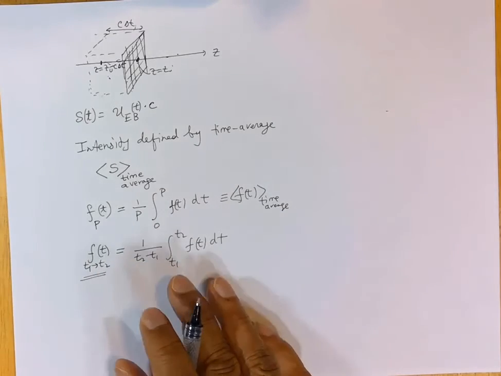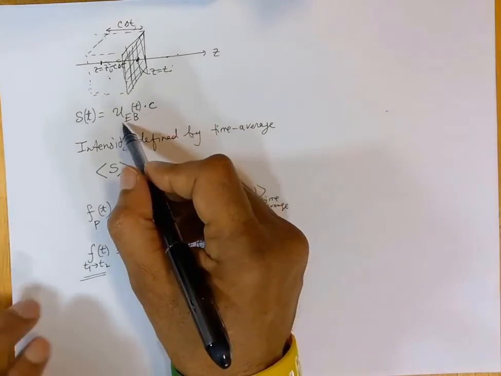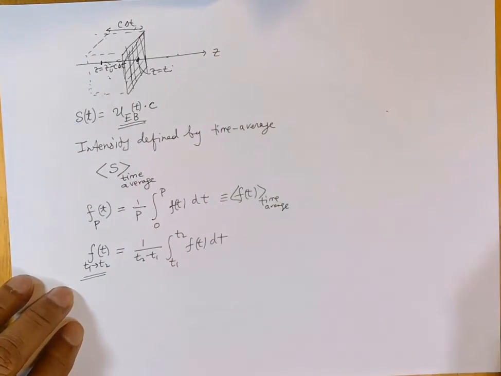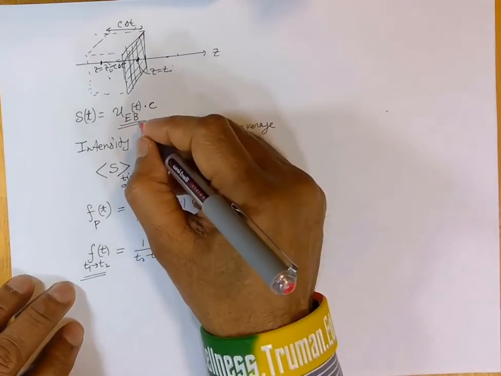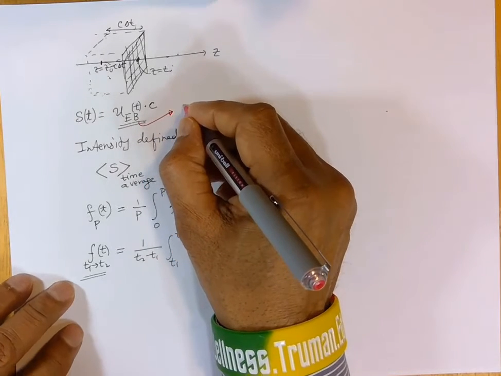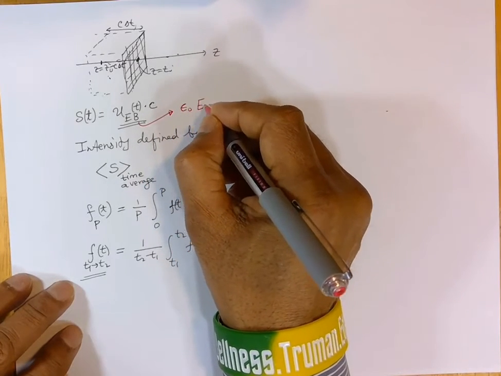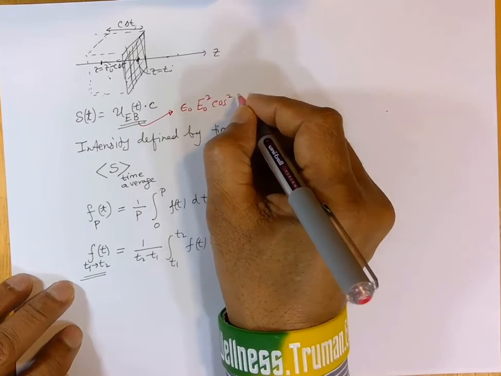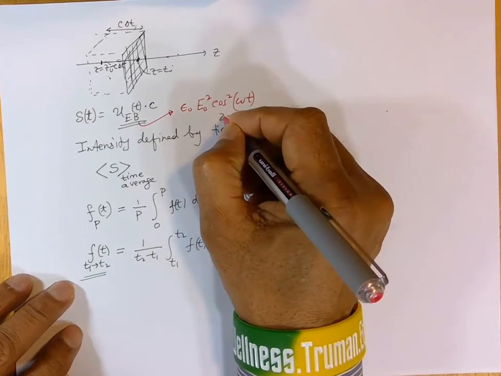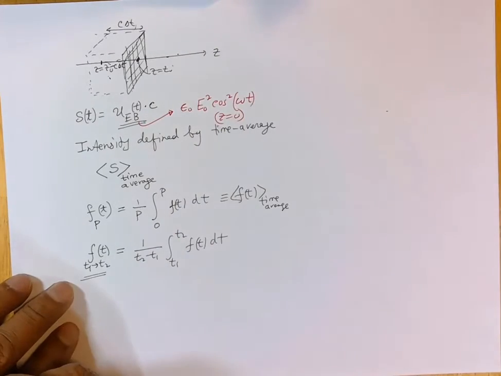But our signal is periodic. So for us, this looks like, in my example, epsilon naught E naught t squared cosine squared omega t, at z equal to 0.